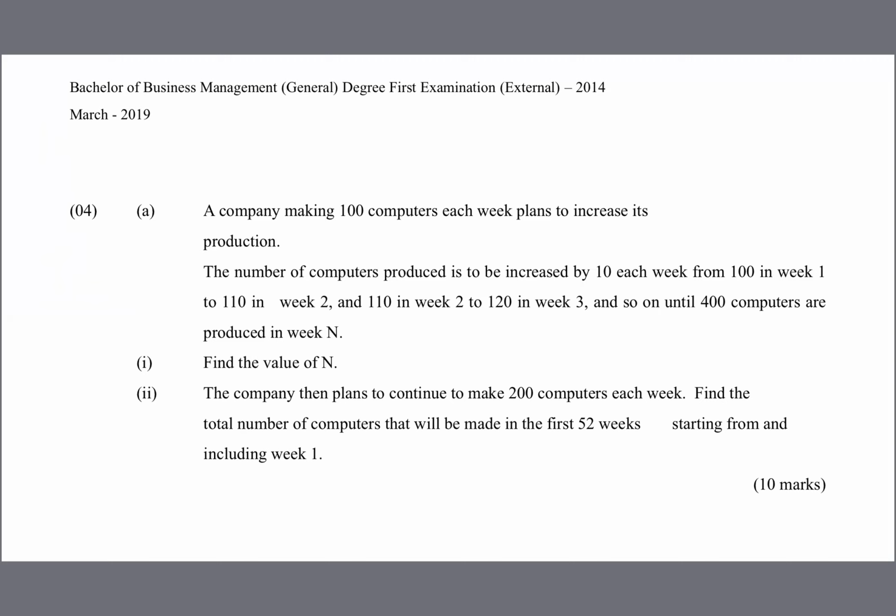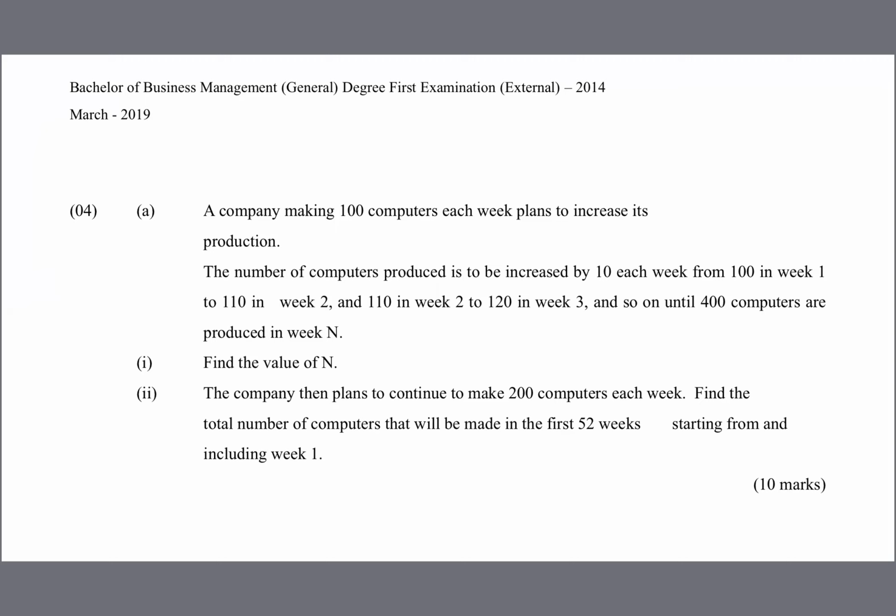So be careful when finding the answer for the first part and find the correct answer. If it is wrong, when you apply it to the second question, then both questions will be wrong.